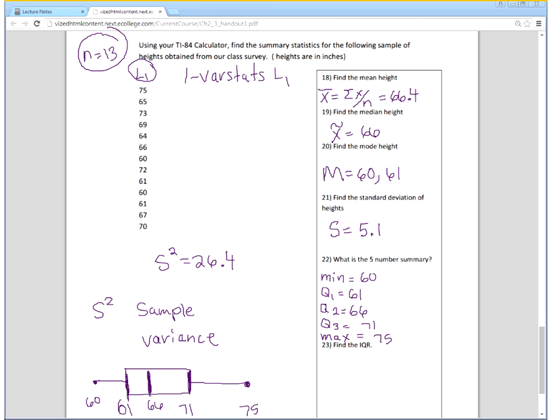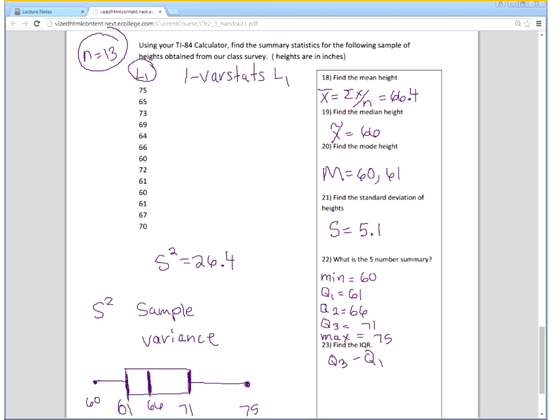So what would you do to find the IQR, the interquartile range? Okay, so yes, third quartile minus the first quartile.